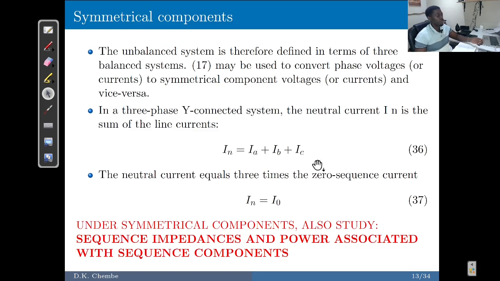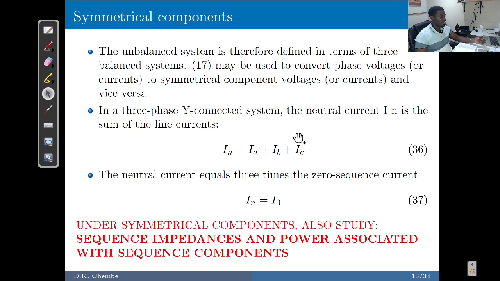And therefore, for the unbalanced system, we have defined the three terms of the balanced system. And once we have that, we convert the phase voltages to symmetrical components voltages or currents, and vice versa.